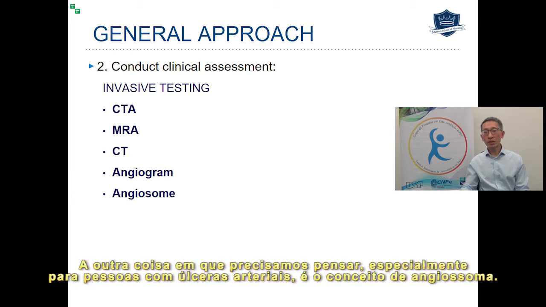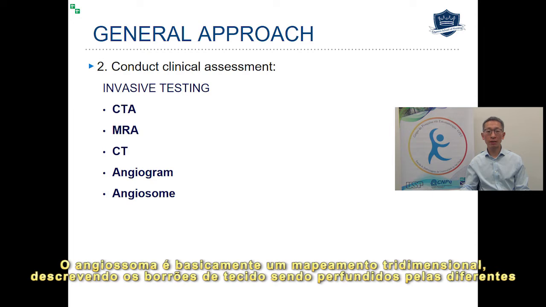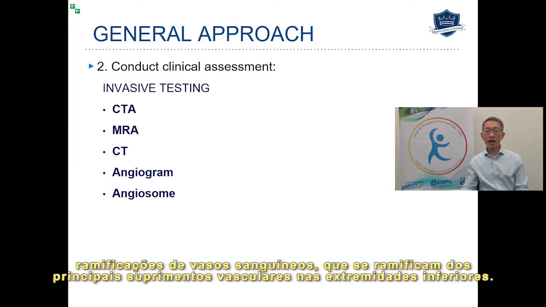The other thing I think we need to think about, especially for people with arterial ulcers, is the angiosome concept. The angiosome is basically a three-dimensional mapping describing the blocks of tissue being perfused by the different branches of blood vessels that branch off from the key vascular supplies in the lower extremity.